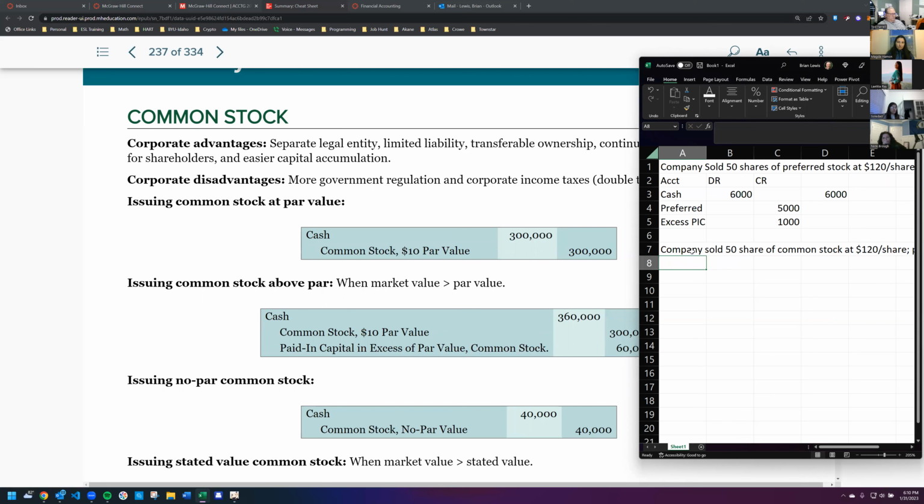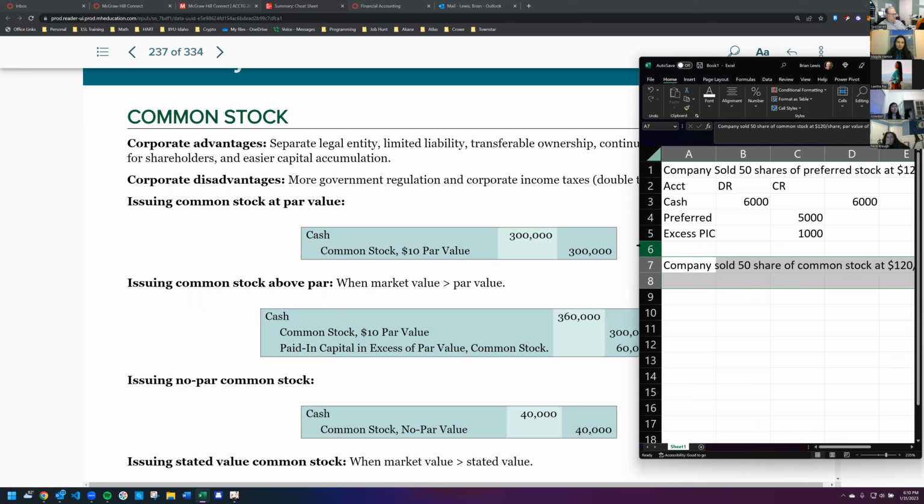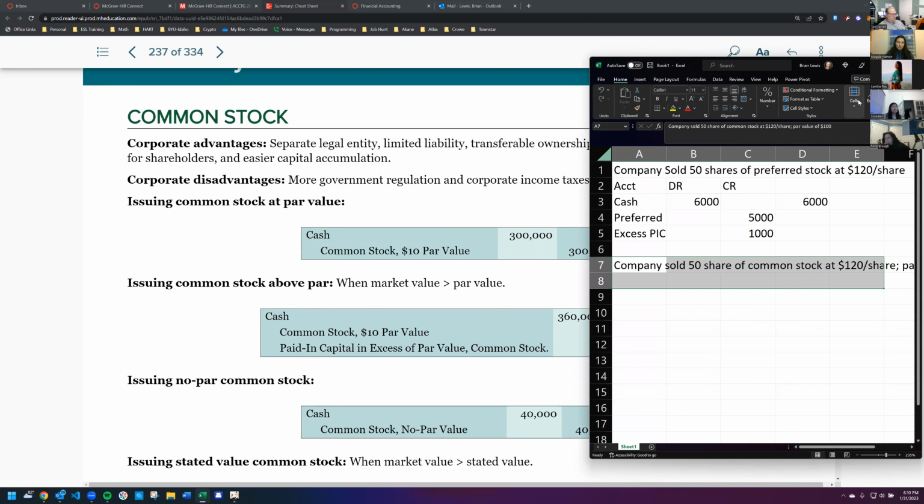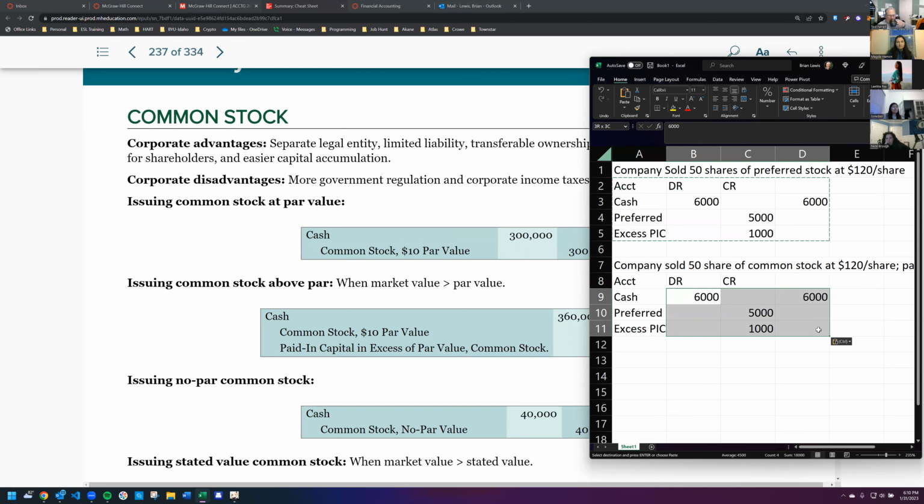Then I take the same journal entry, with the same values.